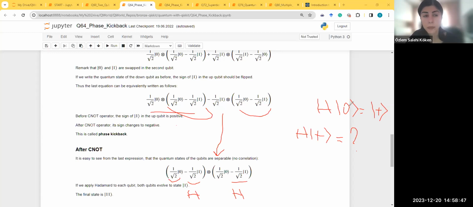Zero, right? Because applying Hadamard twice is just applying identity, and you go back. You get again 0. Likewise, if you apply Hadamard to state 1, then you get the minus state, which is the state here. And now we are applying Hadamard again. What will be the output?